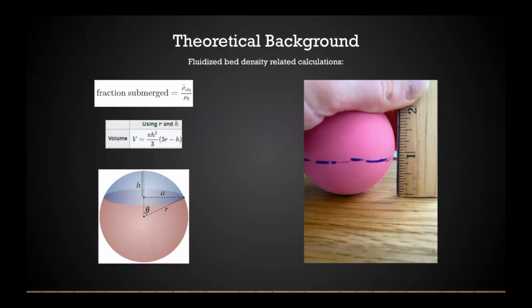But once we started the experiment, we noticed that many of the spherical objects did not submerge completely and did not float on the surface of the bed. So we used the relation between the densities of the objects and the volume submerged to determine the overall density of the fluid, which in our case is the fluidized bed.